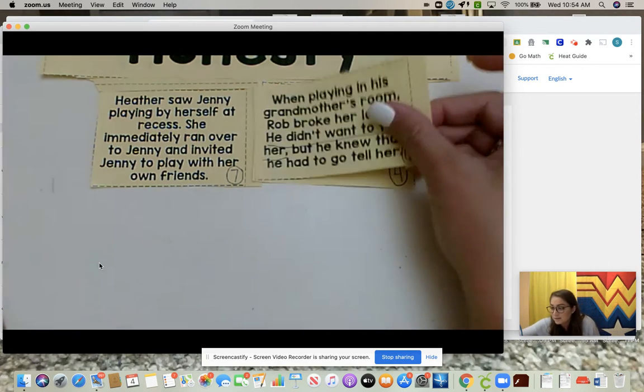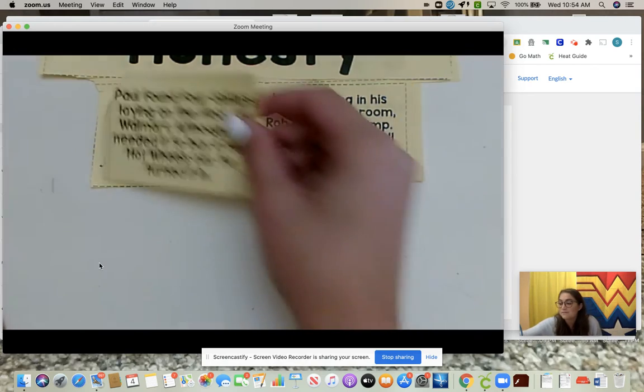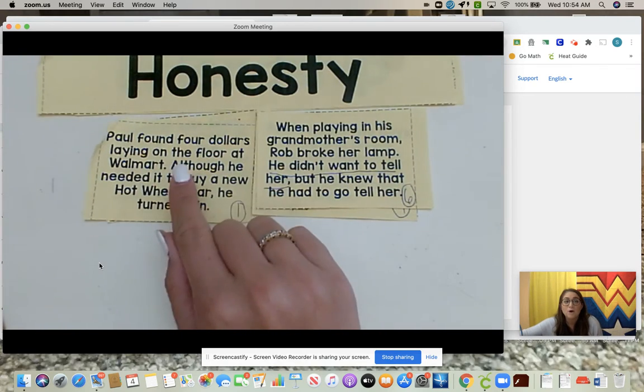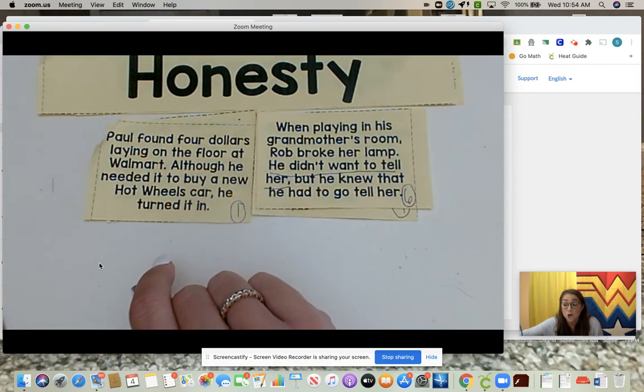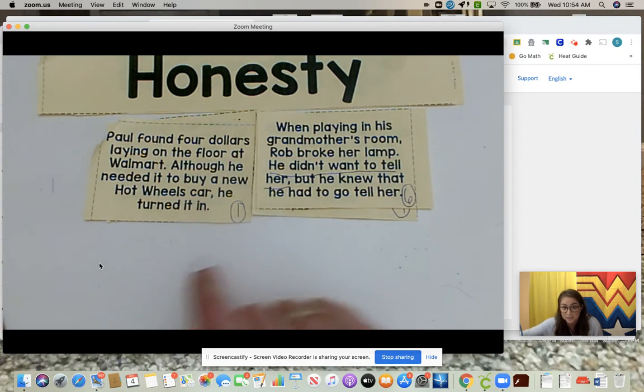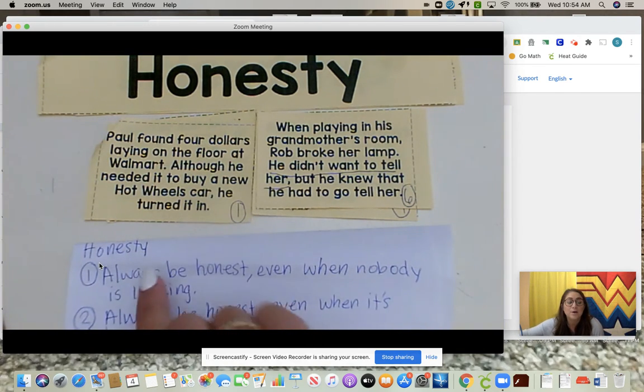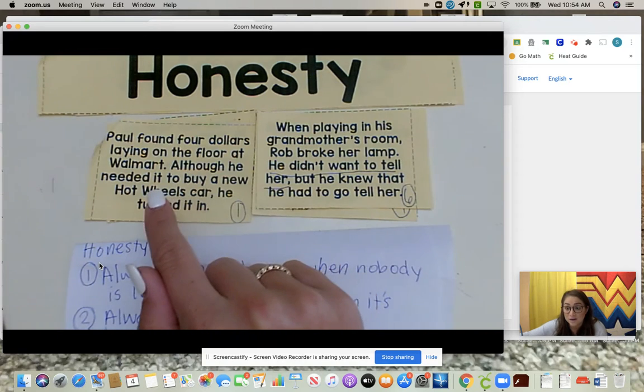Here's one. For honesty, Paul found $4 on the ground at Walmart. He wanted to buy a Hot Wheels car, but he didn't. He turned it in. What we can learn from Paul is he was honest.